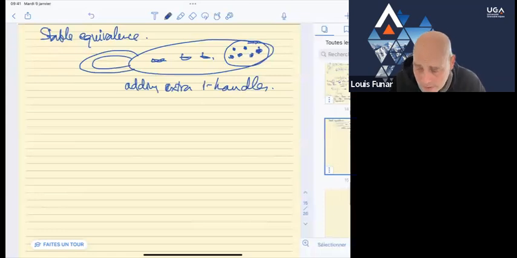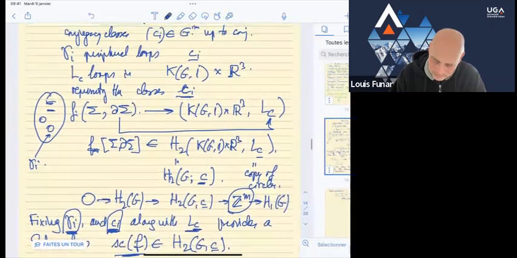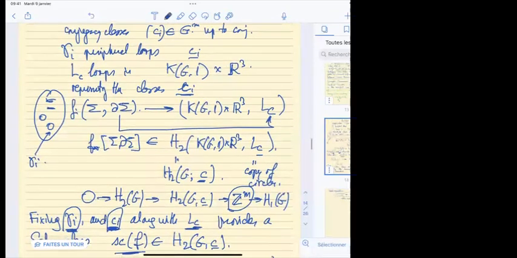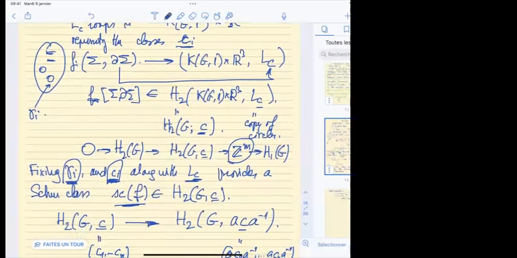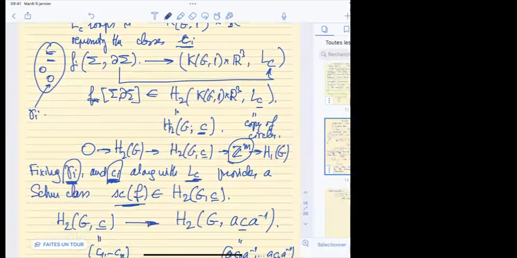The full linking number is not full, but maybe most primitive. But this is an example of a Schur class, yes. I didn't understand your diagram previously. Can you show? Yes, z to the power m is in H1 or inside H2. This cyclic, it's essentially in H2. Okay, thank you very much.